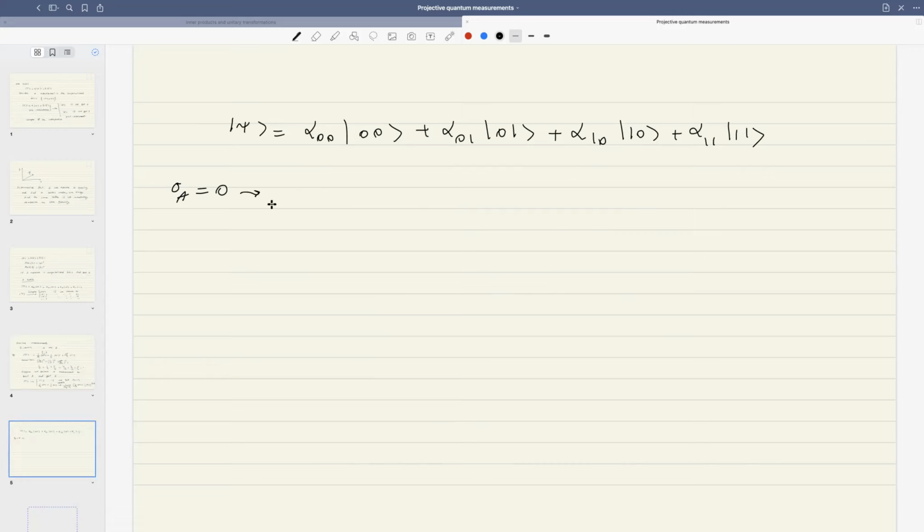So in this case, my state should go to, well, it first goes to this. And this is, of course, not a physical thing, right? This is just some mathematical way of deriving it.